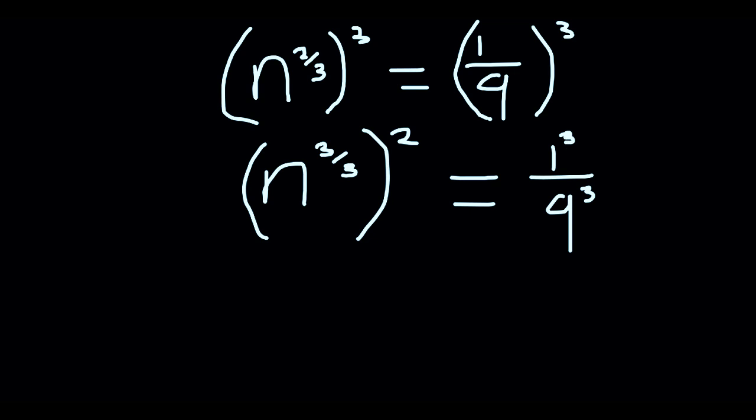So this gives us n, because this cancels this. Now n power of 2 equals 1 over 729.